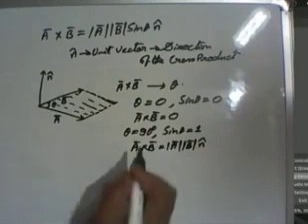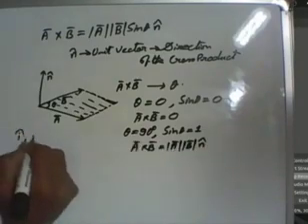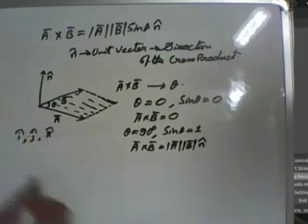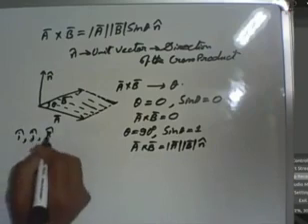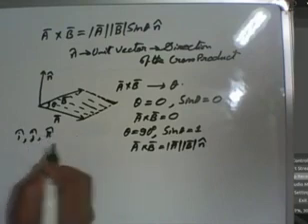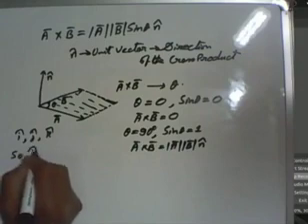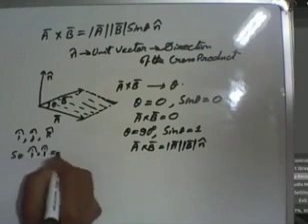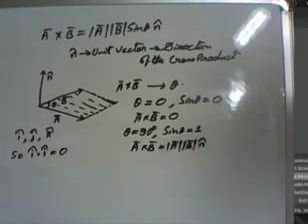Okay. So if we talk in terms of the unit vectors I, J and K, as we saw in the earlier case, the angle between I and J is 90 degrees, I and K is 90 degrees, J and K is 90 degrees. So I cross I is equal to 0 because the angle between them is 0, sine 0 is 0.